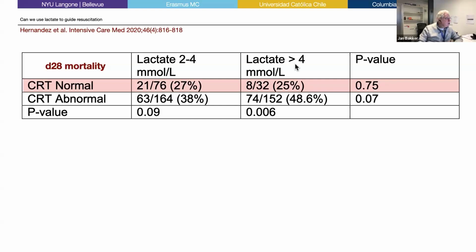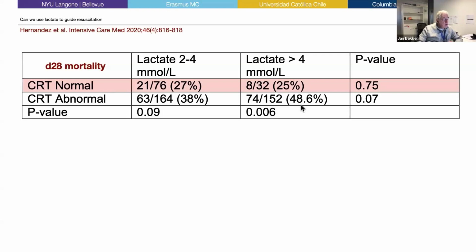But if you look at the mortality and you have a normal capillary refill time with any lactate level, whether it's 2 to 4 or even when it's more than 4, there is no difference in mortality. If you have more than 4 with abnormal capillary refill time, yeah, that's really troublesome because you have an almost doubled mortality.